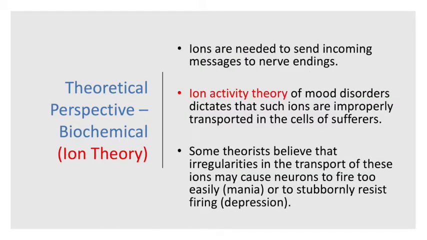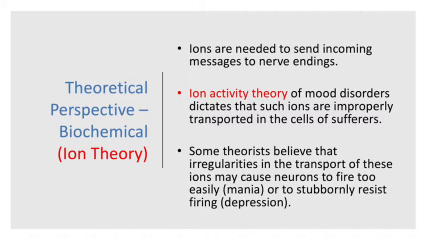There's also other biochemical theories of bipolar disorder, one of which takes into account the role of ions. And ions are basically responsible for the firing of nerve endings. So it's the speed and the type of information being sent from one nerve ending to another.